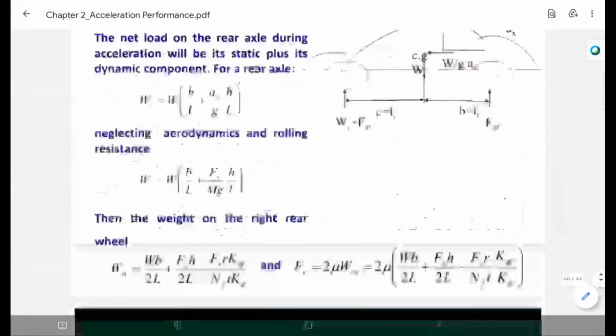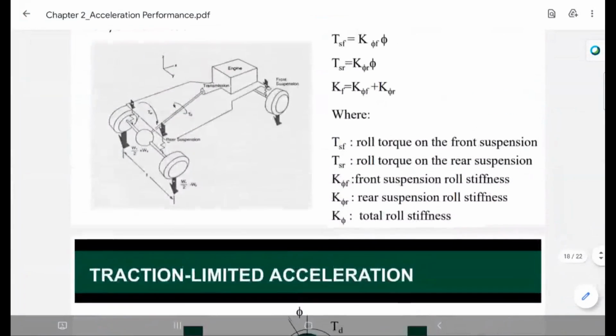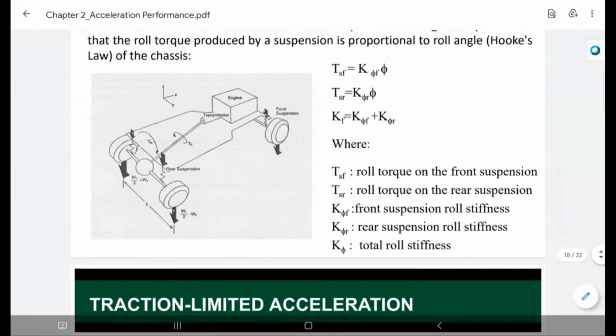Okay, K phi is measure of front and rear suspension roll stiffness. K phi is the total roll stiffness.